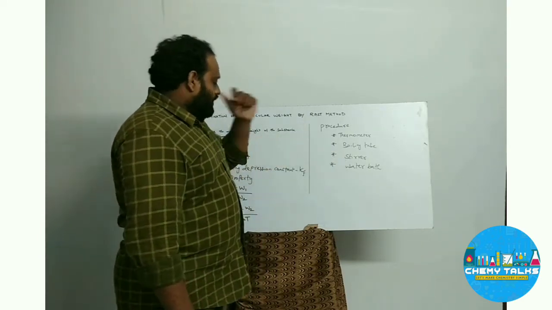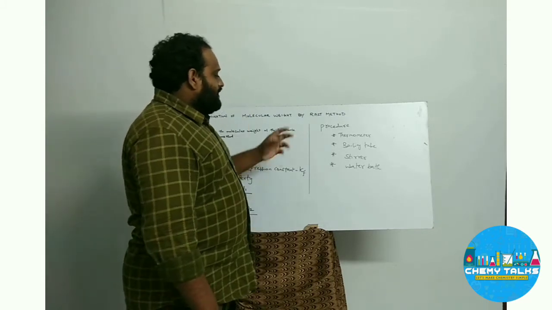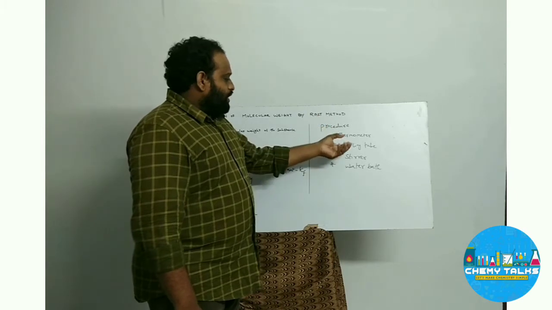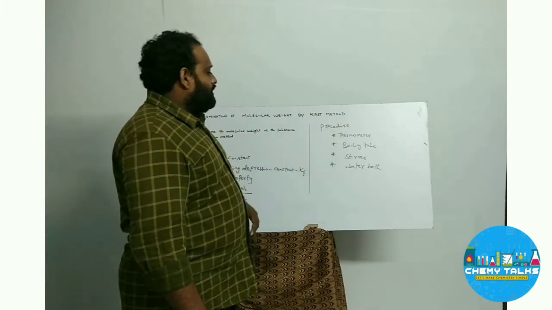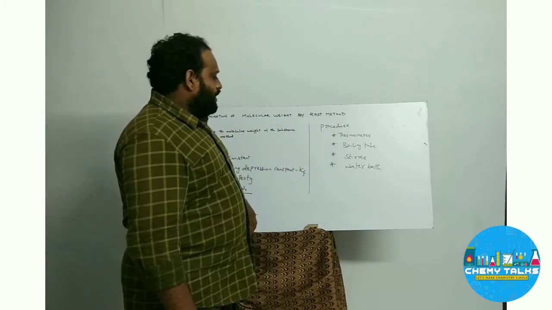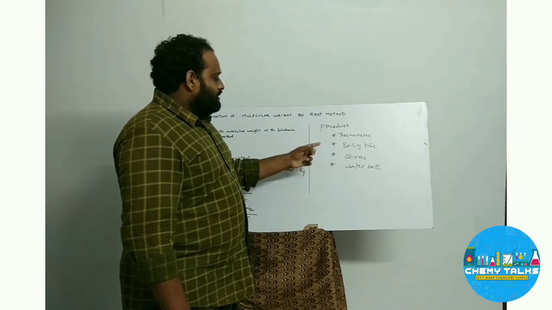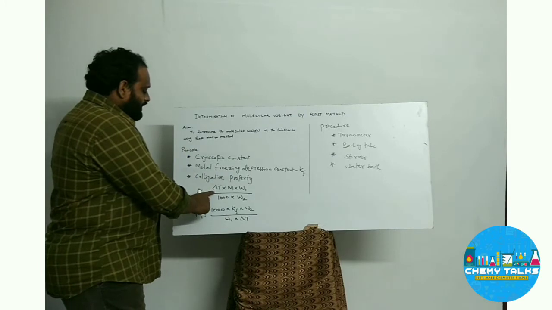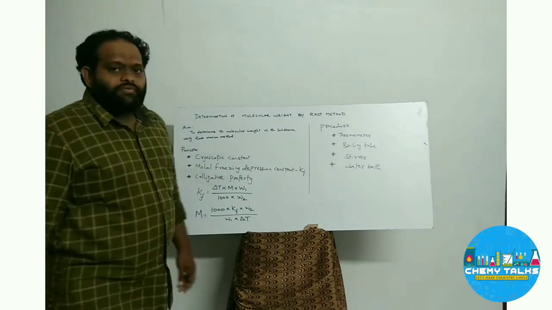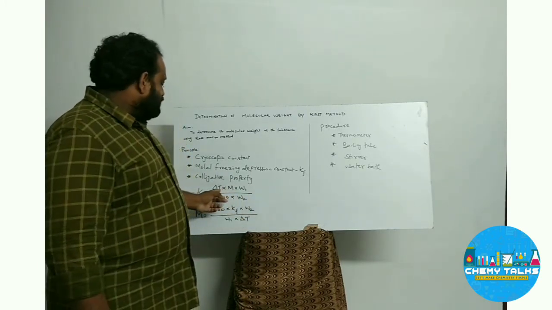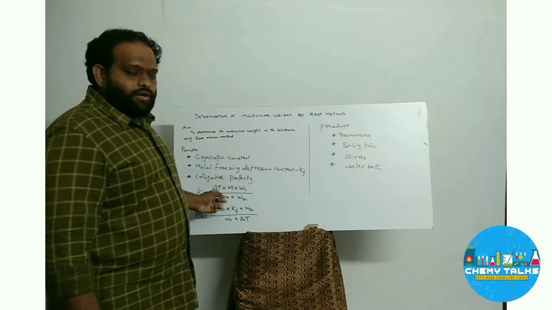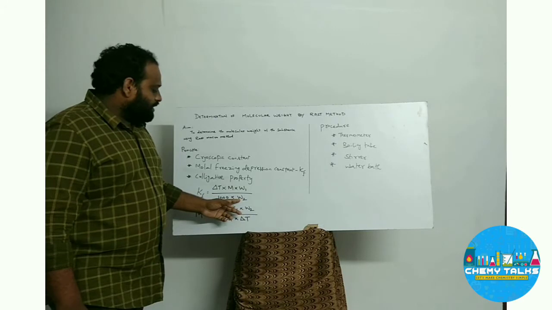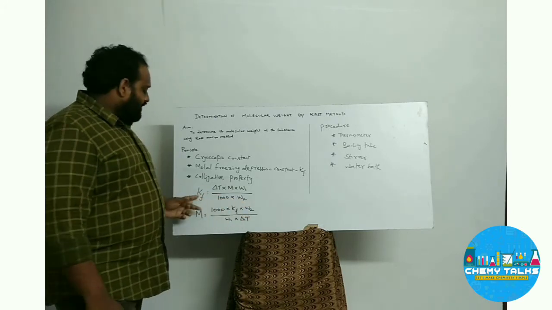Now the freezing point is noted. The difference between the freezing point of pure solvent and the freezing point of solvent plus solute will give the delta T value. From this delta T value and the known amount of solvent and known amount of solute, we can calculate the Kf value.